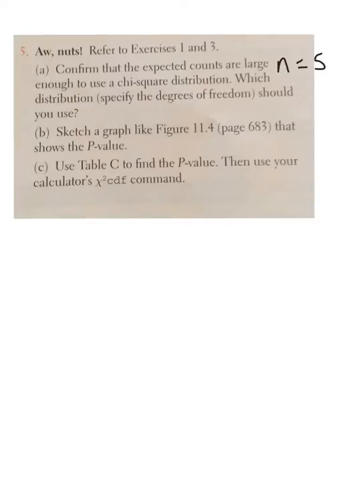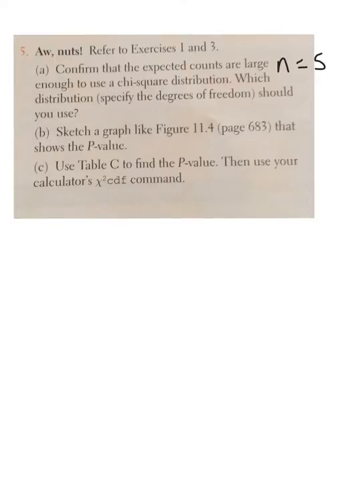In other words, when we take the 150 nuts out, there have to be at least 5 of each type of nut. Otherwise, we can't do the problem. So at least 5 cashews, at least 5 almonds, at least 5 Brazil nuts, at least 5 macadamias.